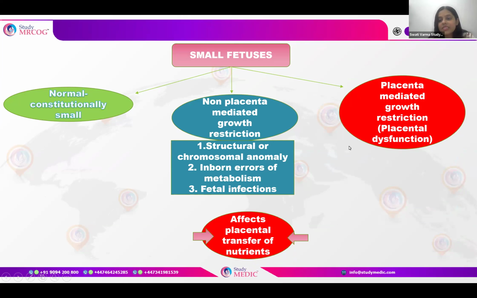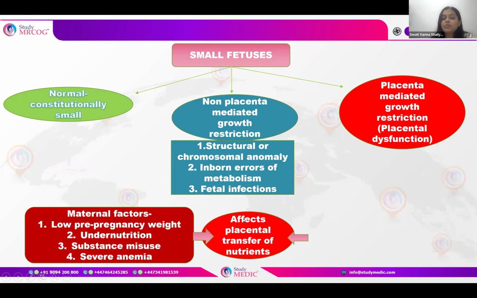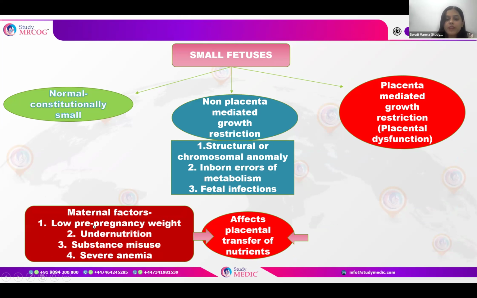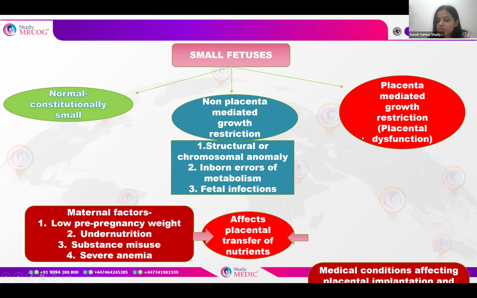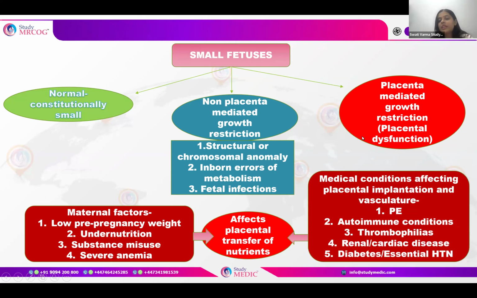Now, what all things can affect placental transfer of nutrients? It may be maternal factors in the form of low pre-pregnancy weight, undernutrition, substance misuse, or severe anemia. Things like that will affect placental transfer of nutrients. It will fall in placental dysfunction. Or any medical conditions affecting placental implantation and vasculature. As we all know, placental vasculature is severely affected in preeclampsia.